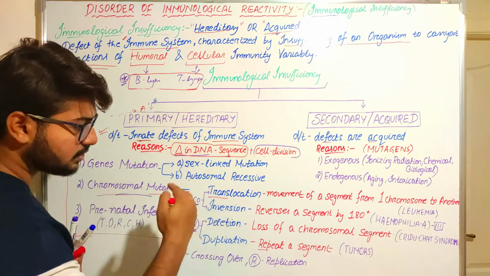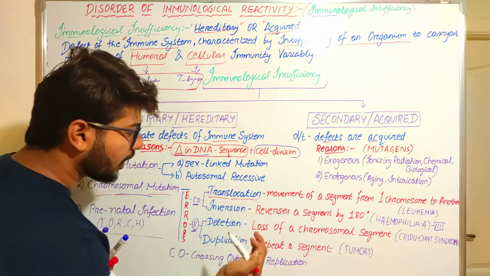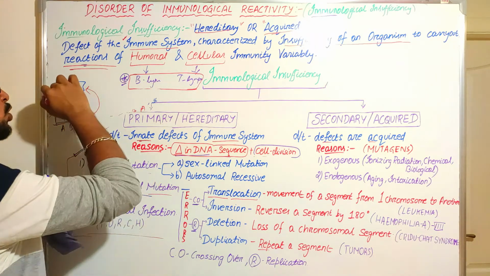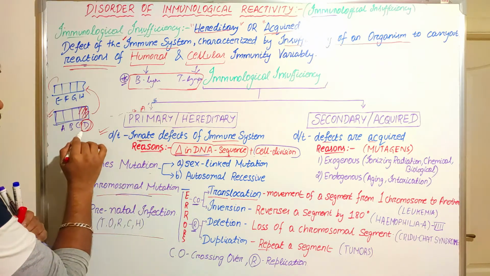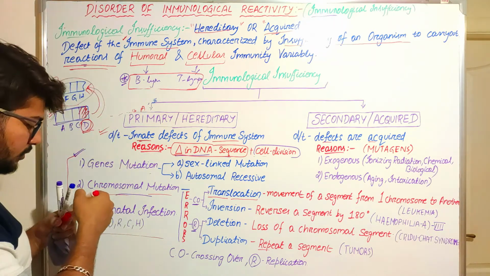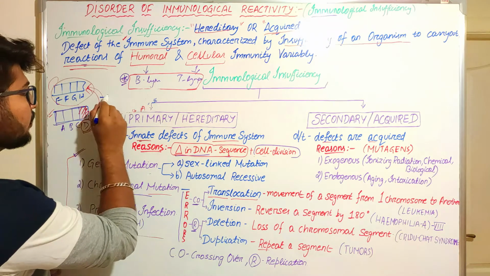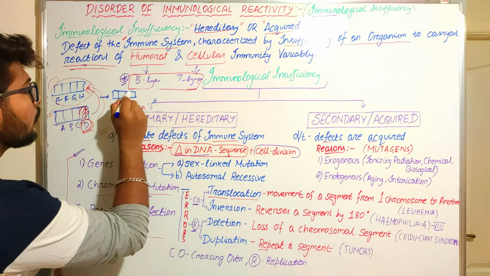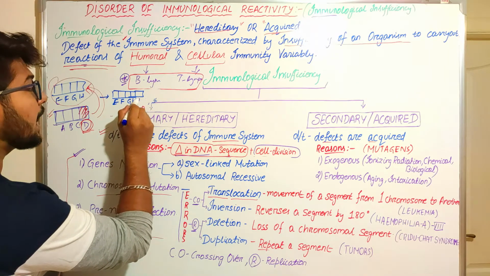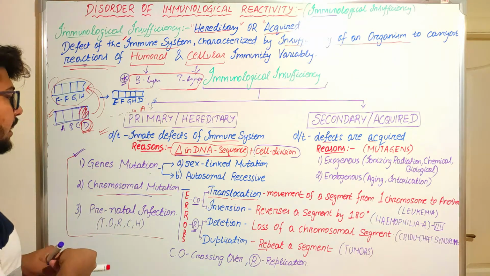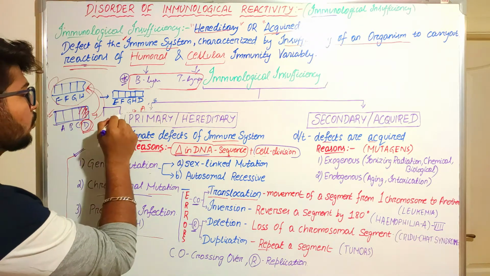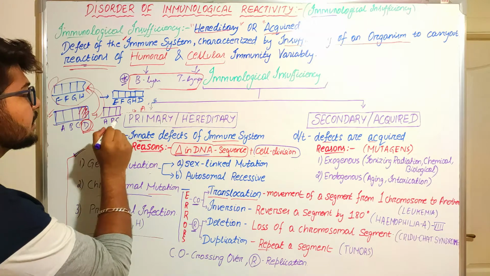Trans means transported in location. There will be a change of location from the initial chromosome to another chromosome. So the D part will get transported to another chromosome, resulting in E, F, G, H and D, and here it will be only A, B and C.